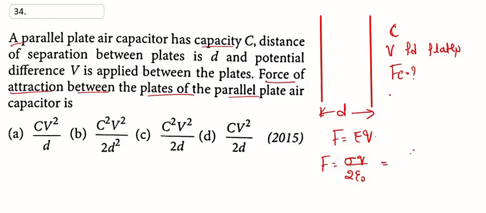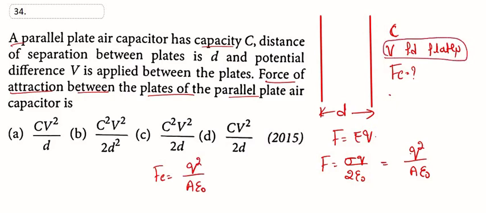Now you have to do the simplification. That is just one answer: the force is equal to Q square divided by A epsilon naught. But the difference in this problem is that they are asking about the potential difference V. So you have to go one more step.